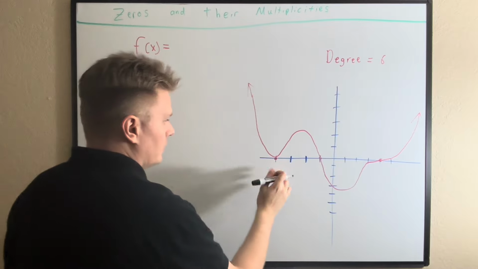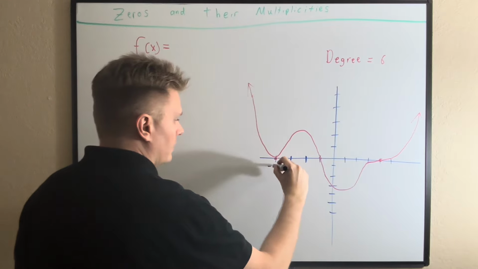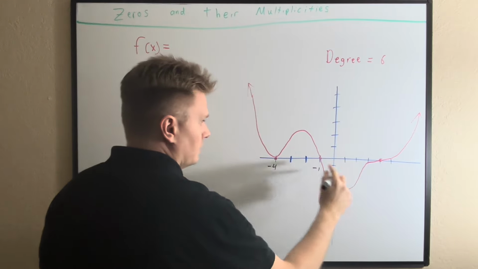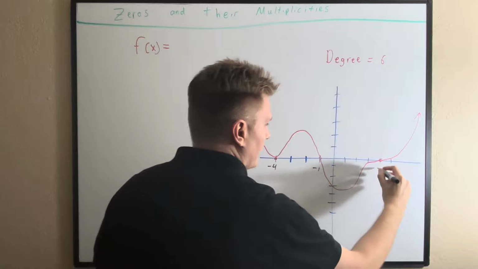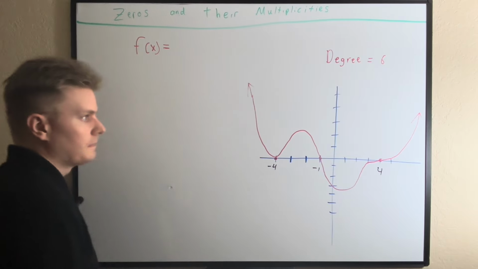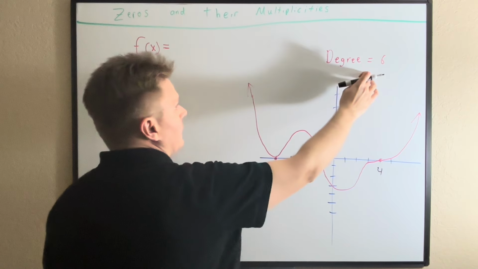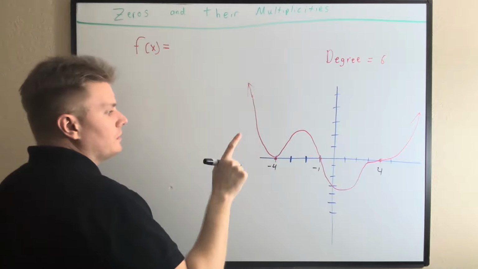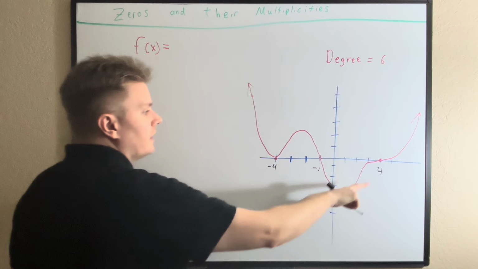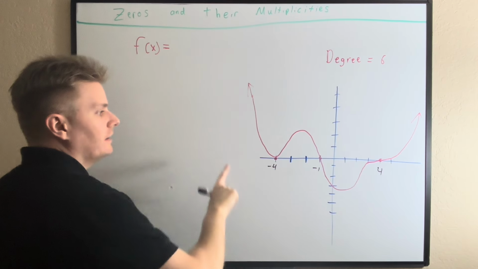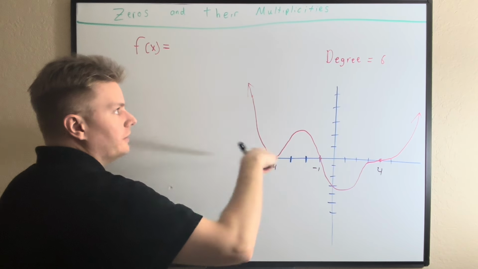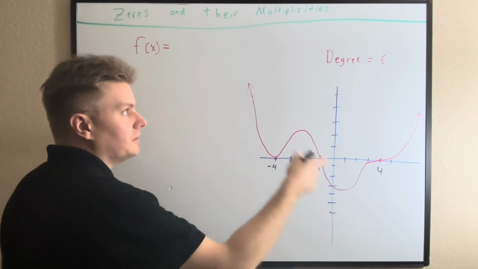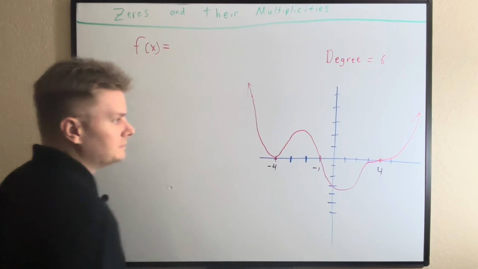Negative 4, negative 1, and positive 4. Okay. They give us the degree. They should do that so that you know, hey, there are 3 points, the degree is 6, it's probably going to be 1 plus 2 plus 3. 1 plus 2 plus 3 equals 6, right?